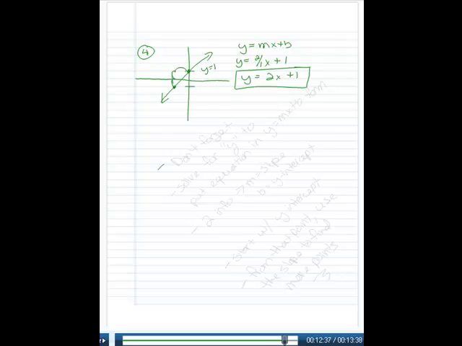So don't forget, if your equation is not in y equals mx plus b form, you need to solve for y. You always need the two pieces of information.